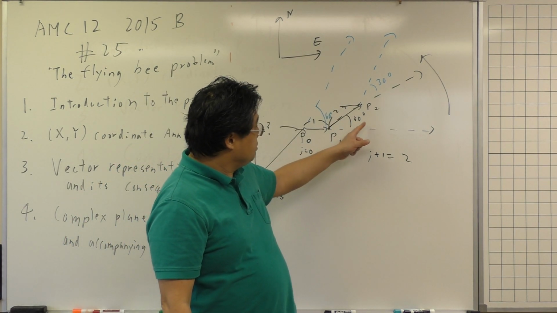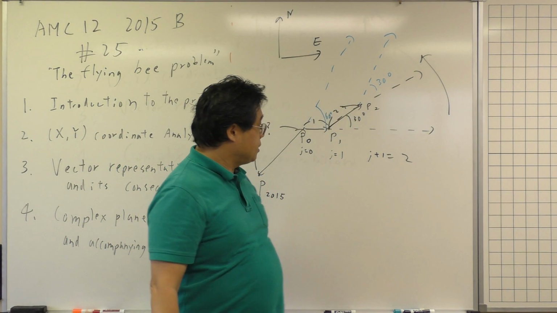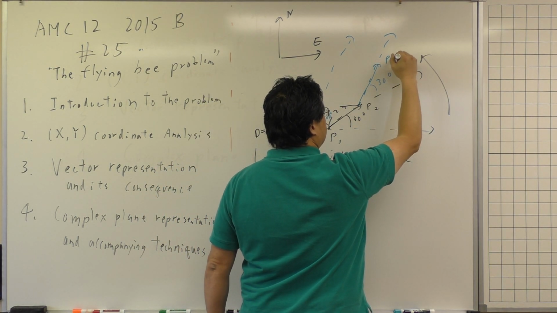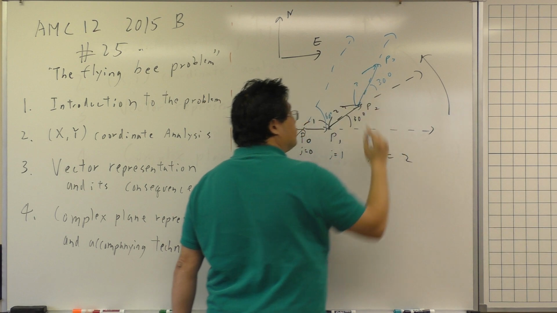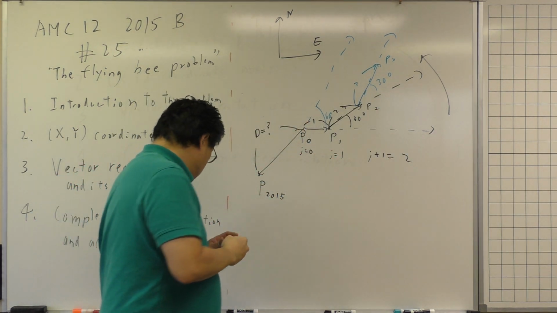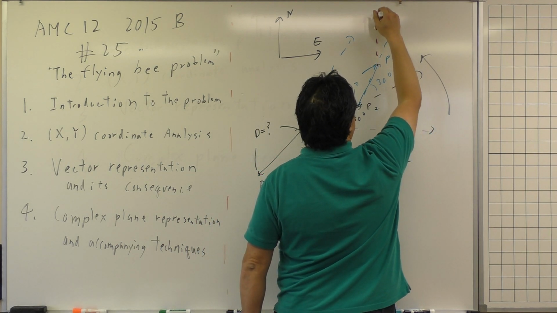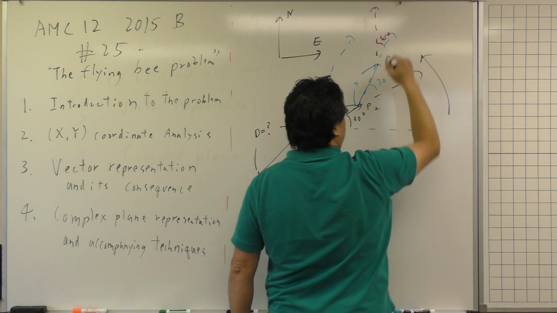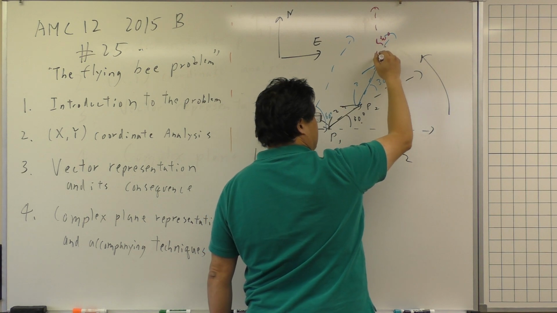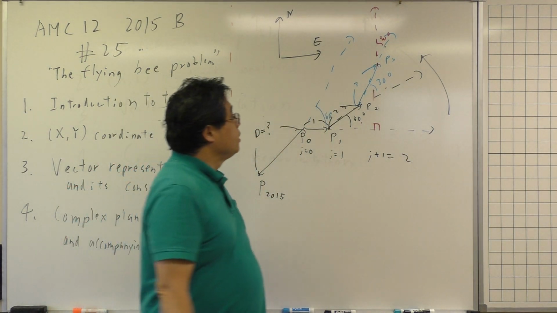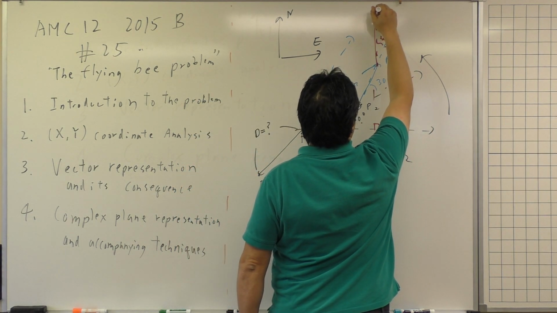A nice thing, 30 plus 30 is 60. And then 3 inches. So here's P3, 3 inches. Let's do one more. If we do one more, we have to turn 30 degrees again, and wow, 30 plus 30 plus 30, that's 90. We're heading straight north, and now the distance is 4 inches.